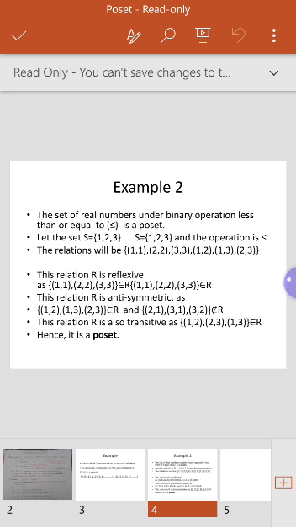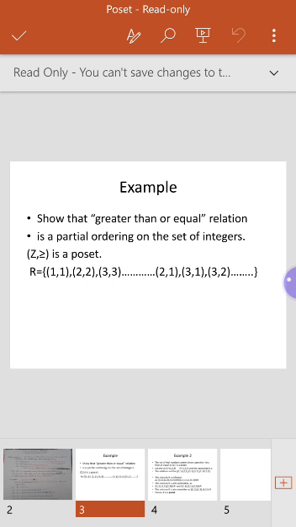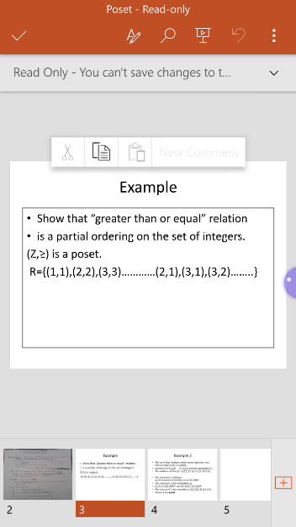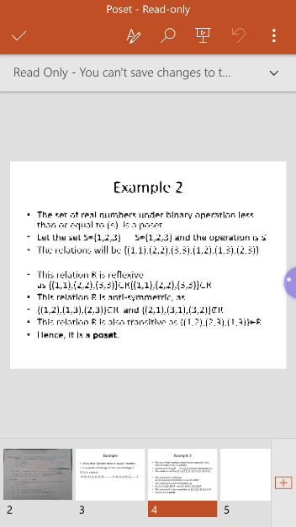Hence we can say it is a poset. Similarly, we can prove that greater than or equal to is a partial ordering on the set of positive integers. The relation is a greater than or equal to b. It means if (a, b), the relation will be a is greater than or equal to b. It's the same as this one.